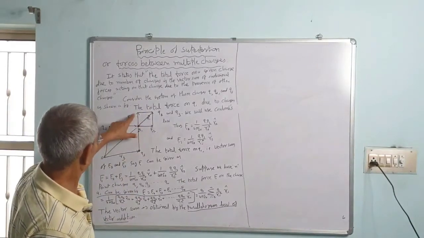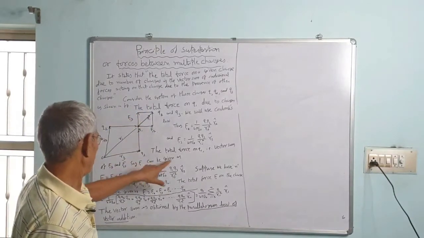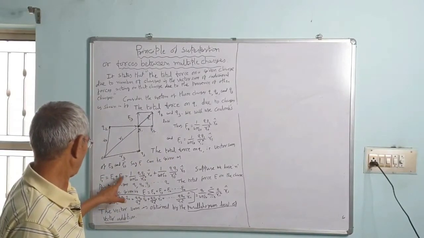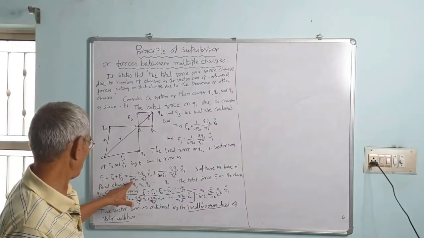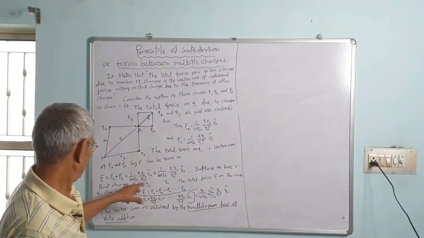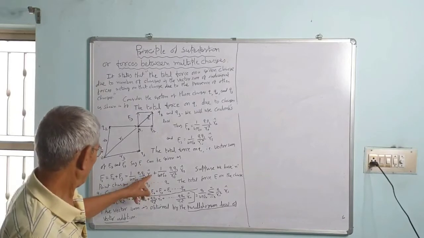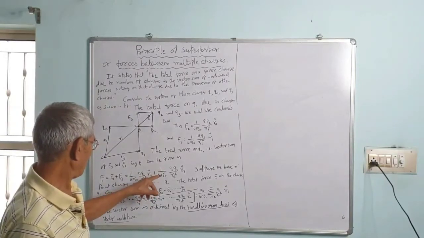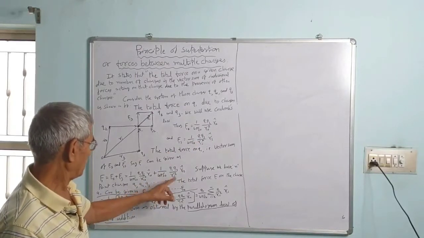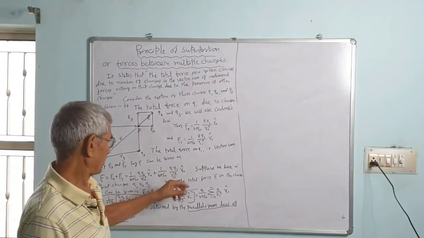It can be given by the equation F1 is equal to F12 plus F13, that is equal to 1 upon 4 pi epsilon 0 Q1 Q2 upon R12 square R12 unit vector plus 1 upon 4 pi epsilon 0 Q1 Q3 upon R13 square R13 unit vector.